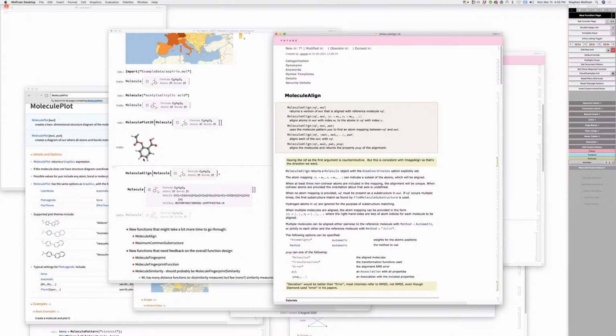I mean, if you just have a generic 6-membered ring, it could map 12 different ways. No, but I mean the right way around structurally here. That is, if I say find molecule substructure, that has the feature that the first argument is the big guy and the second argument is the little guy, right? Yes. Okay, so then the order of the rules that it returns is big to little, right?